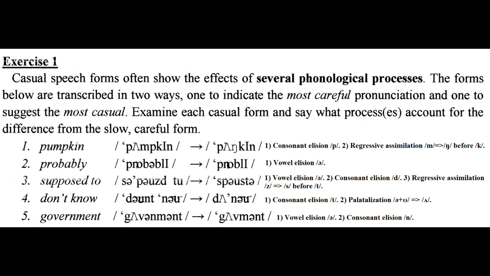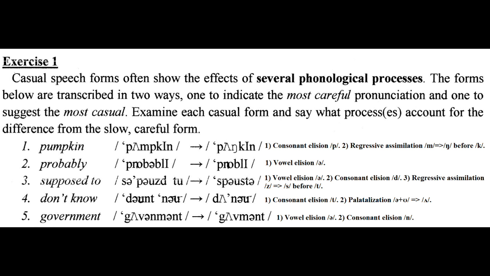Now we have some practice. In the first exercise, we have different forms. The forms below are transcribed in two ways. The first indicates the most careful pronunciation, that is the slow pronunciation, with no phonological processes occurring on it.